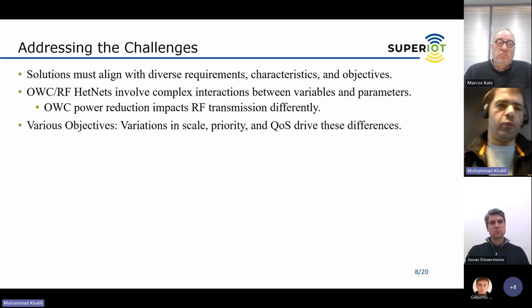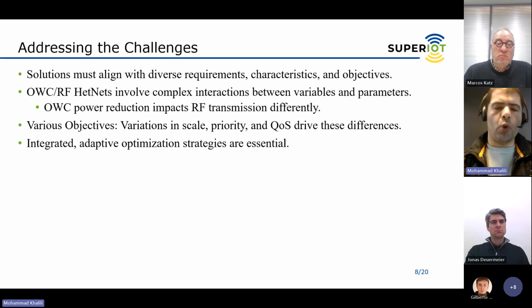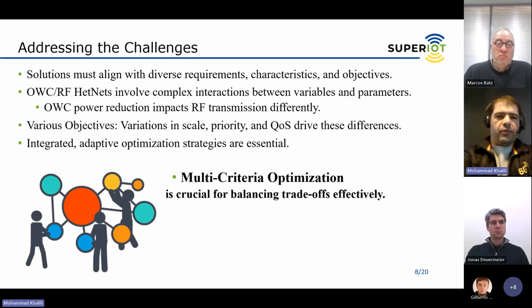Also, we have various objectives, and these objectives have different scales, priorities, and different effects on QoS, or quality of service. So we need adaptive integrated optimization strategies to be applied to these problems.